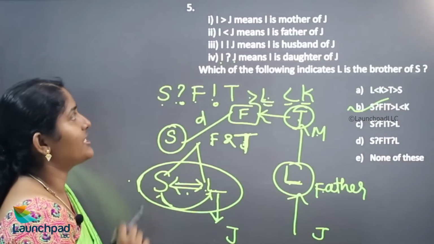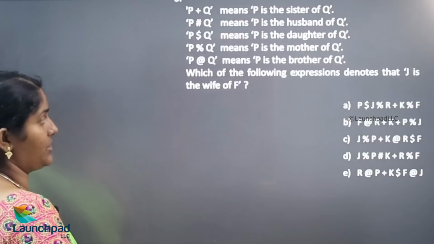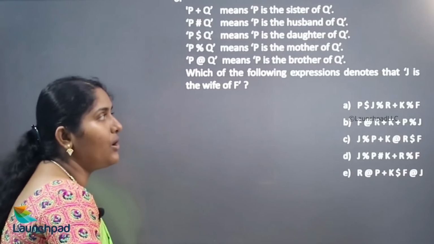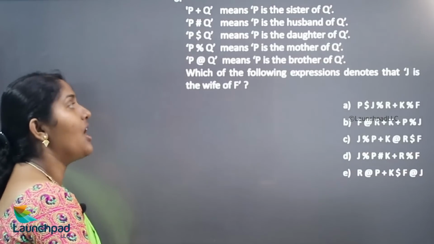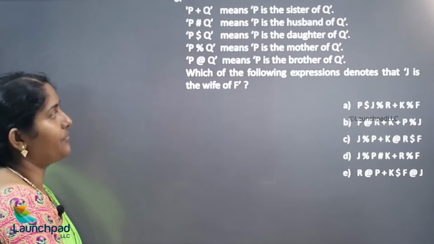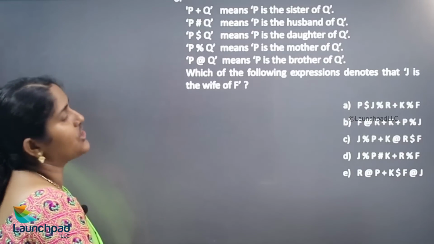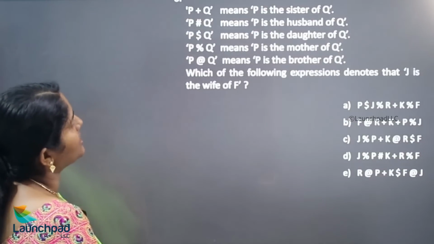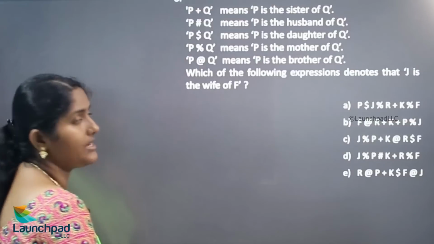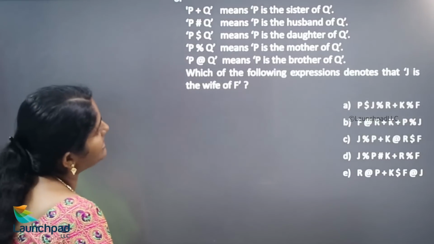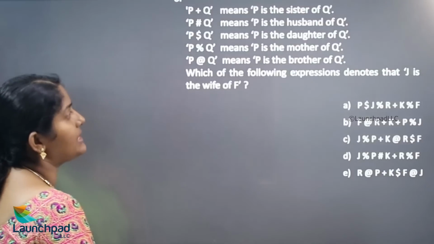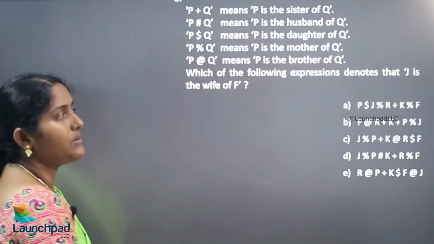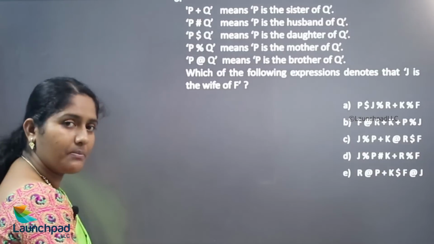We'll move on to the next question. Which of the following expressions denotes that J is the wife of F? Based on the statements: plus means sister, hash means husband, dollar means daughter, percentage means mother, at means brother.